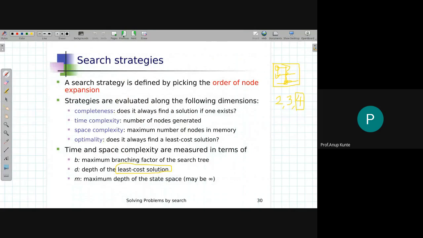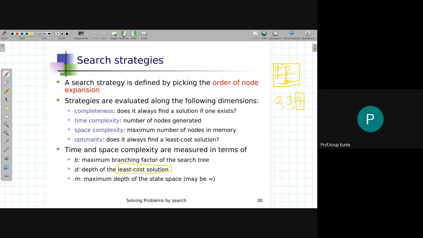M may not be a finite value, it may be an infinite value. That is what you need to understand. It will be infinite when I allow reversal actions to be valid. If I assume that, you can think that loops will come into your tree, and because of those loops you can have infinitely deep trees.